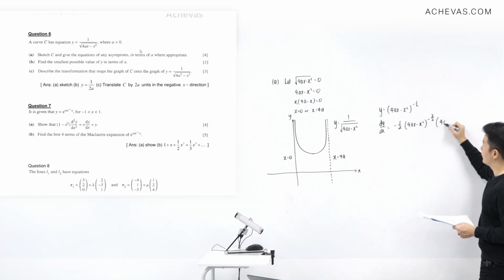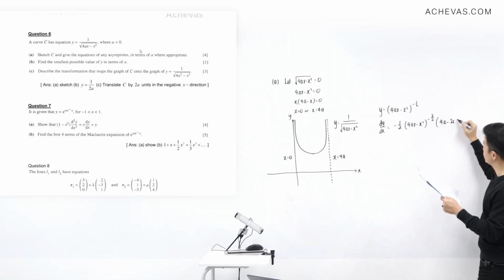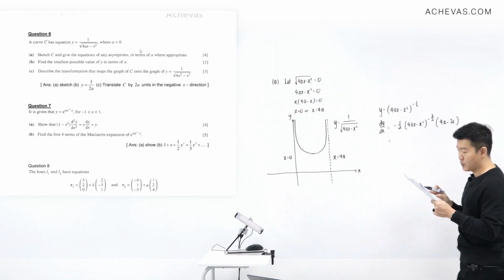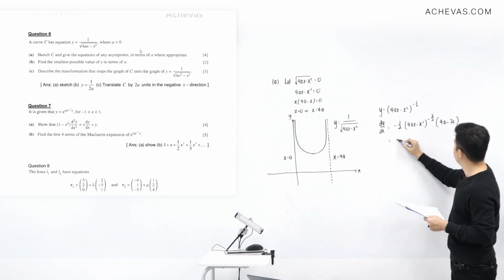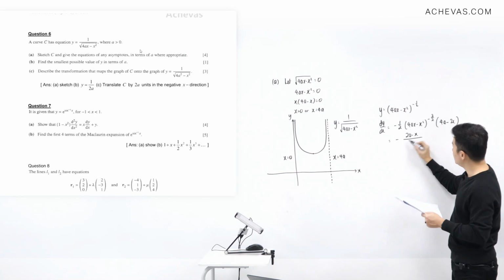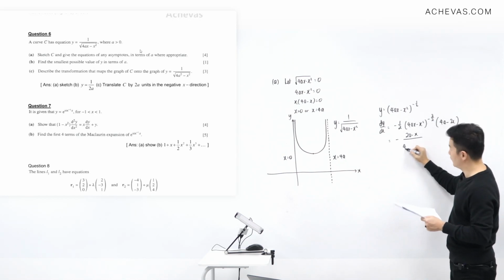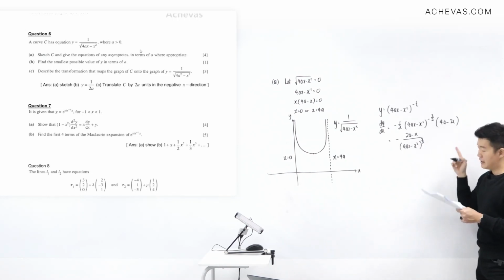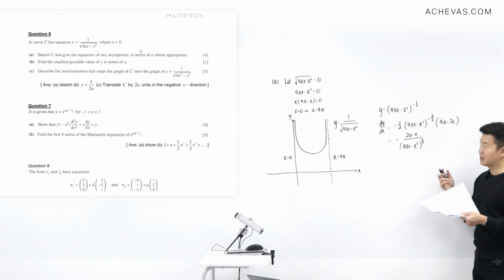Differentiating this, we have 4a minus 2x. Simplifying this will get us a minus of 2(a minus x) over (4ax minus x squared) to the power of 3 over 2. We can leave it as this, or it really depends.